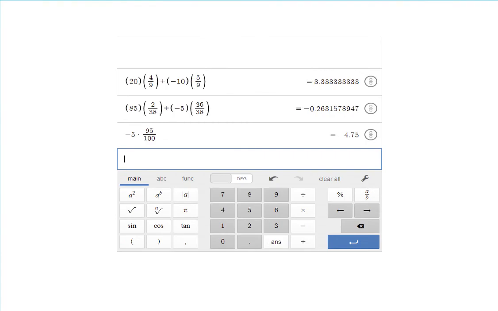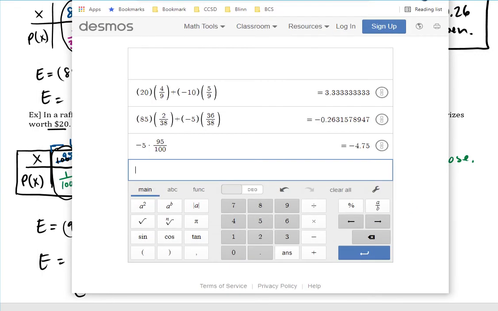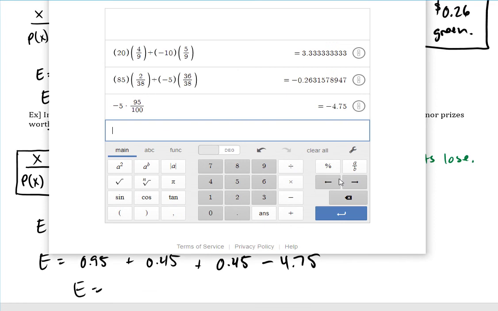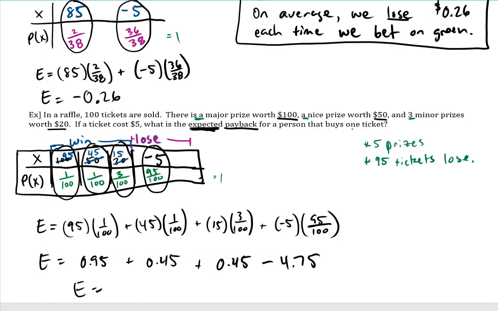Okay, so we're adding those up: the 0.95 plus the 0.45 plus another 0.45, and then minus 475. So that's negative 290, and since it's a dollar amount, negative $2.90. So this means we lose.